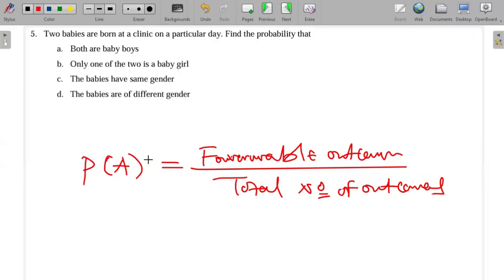This is the classical definition of probability. You just divide what is favorable by the total.